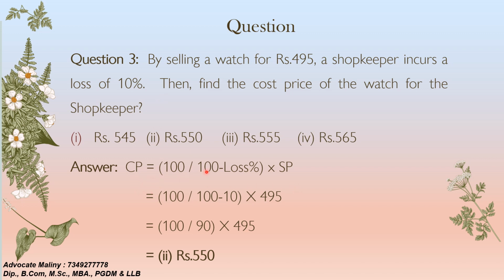CP is equal to 100 divided by 100 minus loss percentage into SP. So it is 100 divided by 100 minus 10 into 495, which is 100 divided by 90 into 495, which is 550. So you have to remember this formula. When a loss percentage is given and selling price is given, this is the formula to be followed.